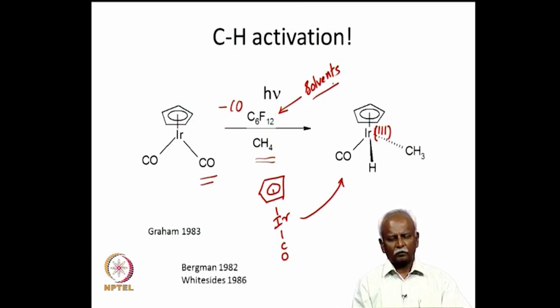So, subsequent to the discovery of Graham and Bergman, several more people studied the CH activation reaction, purely because CH activation turns out to be a key reaction if one has to use petroleum feedstocks more effectively.